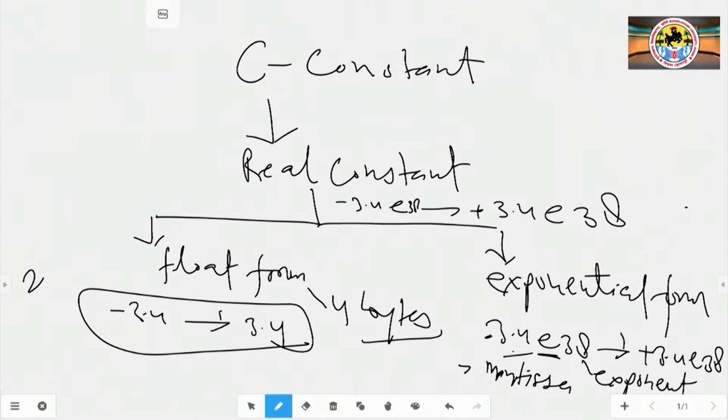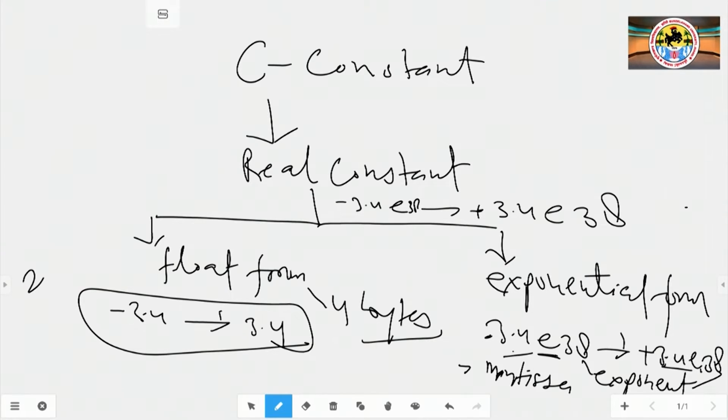This holds in both negative and positive values. Suppose in the positive value plus 3.4, this part is also known as the mantissa, as compared with minus 3.4, and the same after the E in the positive values, it is also known as the exponent.